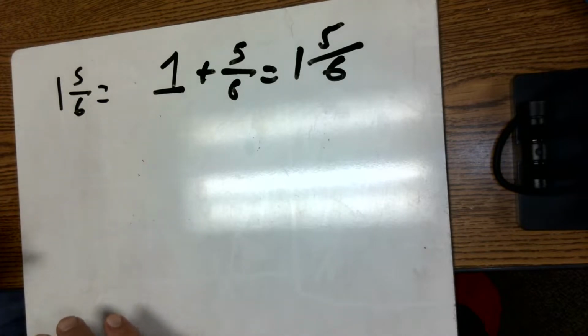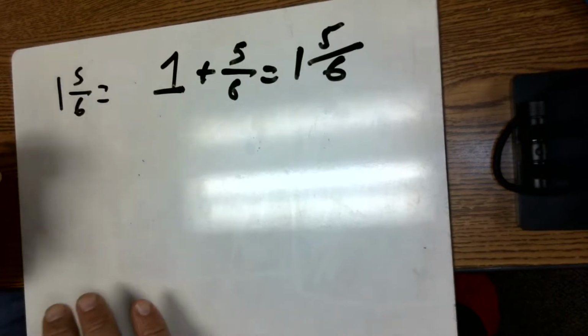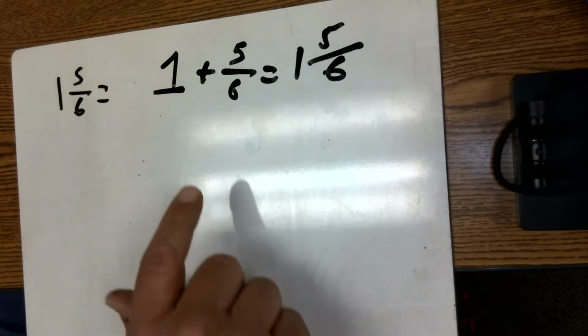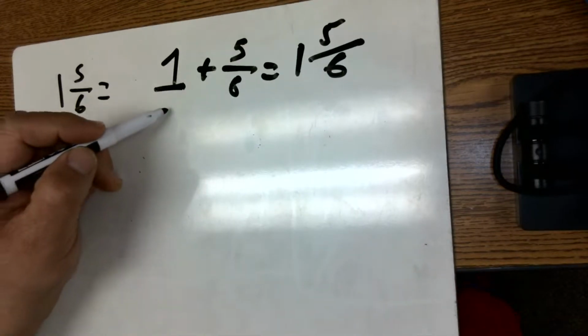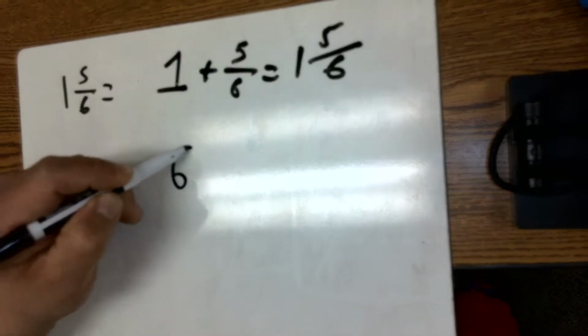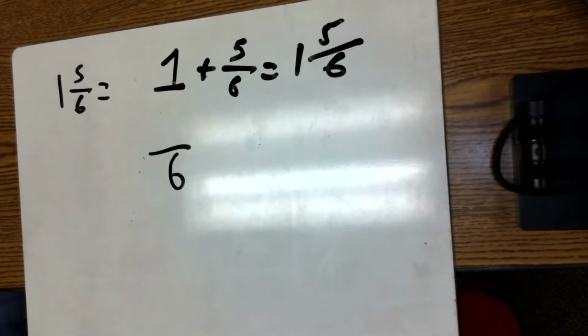We could do 5/6 plus 1 whole equals... What can you change this one whole into? What's your denominator? 6. Okay, 6 what? What would make that one whole?